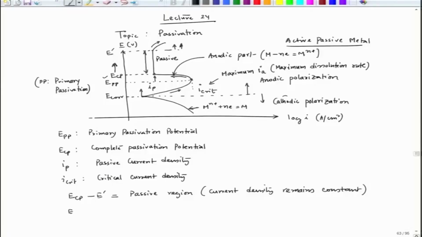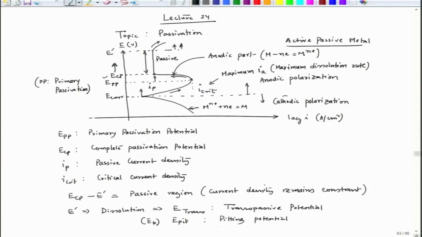If it is related to dissolution, then this potential can be termed E trans, or transpassive potential, or it can be E pit, the pitting potential, or E B, which is nothing but the breakdown potential, the breakdown of the passive layer.